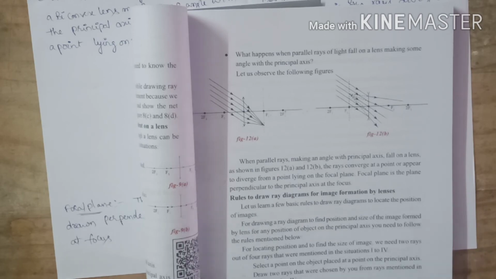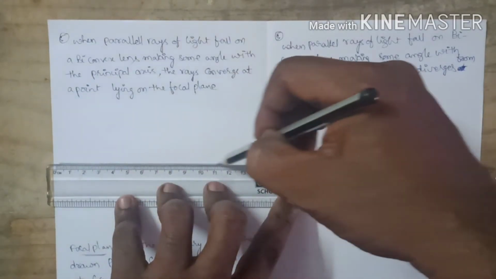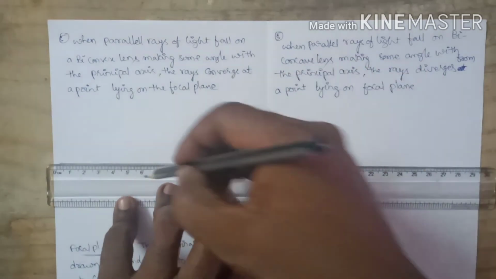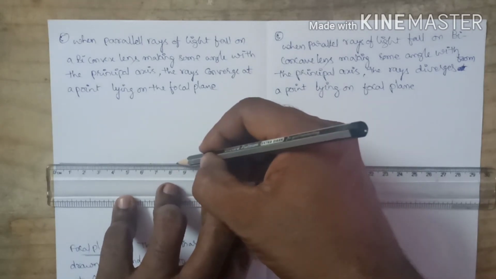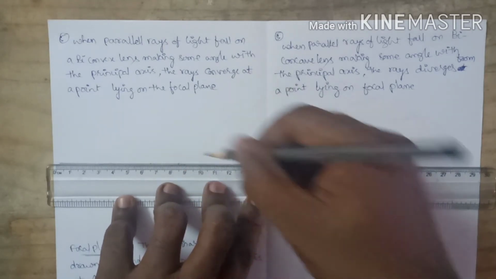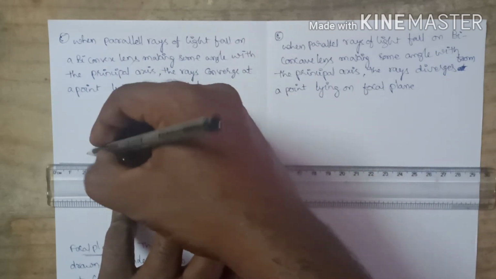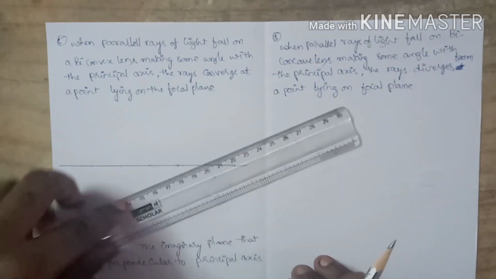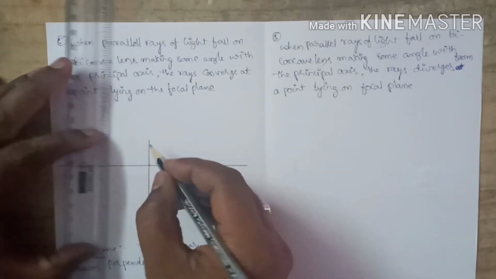Now, let us discuss how to draw this ray diagram. As usual, first draw the principal axis. Identify the points which are at equidistance on either side. Now, the center point is considered as the optic center.